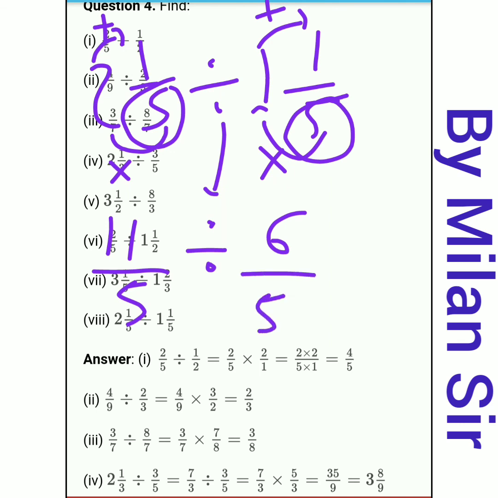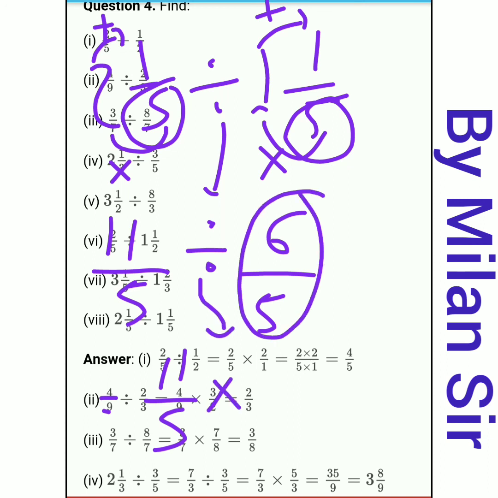Now we can convert this division into multiplication. So 11 by 5, the first number remains as it is, the division becomes multiplication, and we take the reciprocal of the second number. The reciprocal of 6 by 5 is 5 by 6.